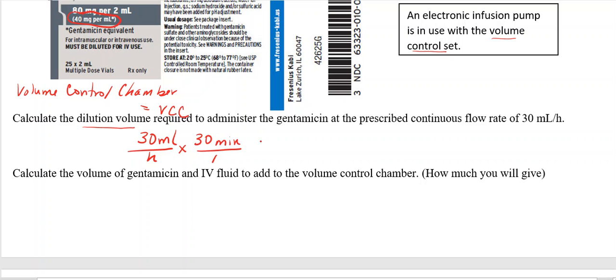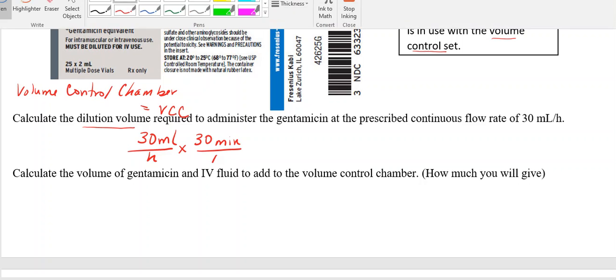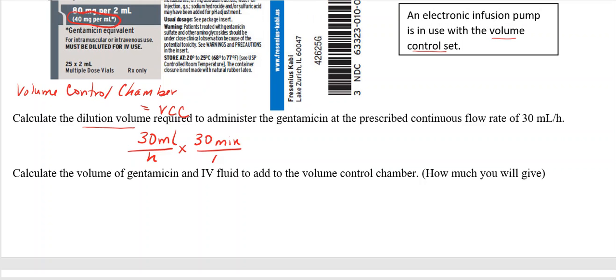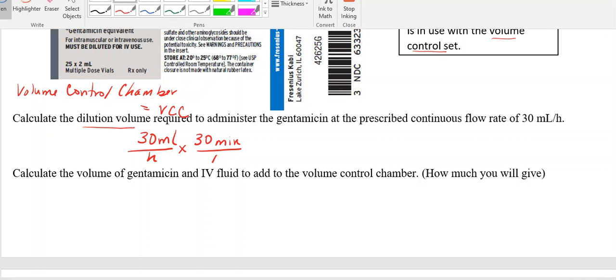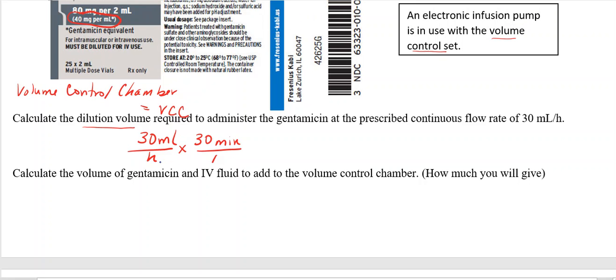Normally I'd have you do the hour over 60, but I'm going to show you a shortcut that I showed in class. I know that 1 hour is the same as 60 minutes. So instead of having 1 hour here, I'm going to use 60 minutes.